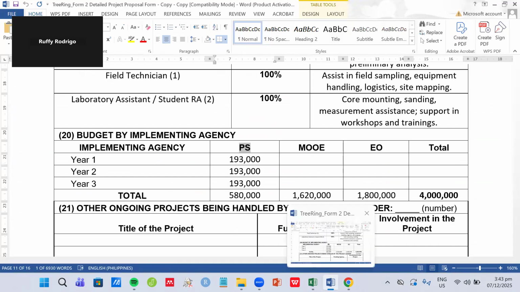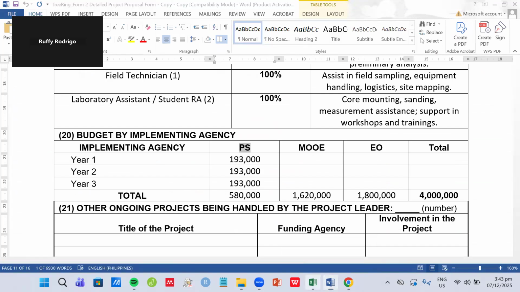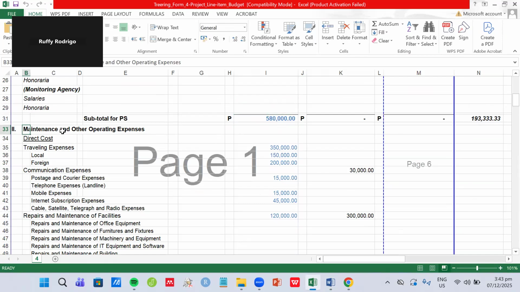Now there is the so-called MOOE. What is MOOE? It's maintenance and other operating expenses. So you have the traveling expenses, 250,000 local. That's why I mentioned earlier the local 150, the foreign 200,000, because I want to go to Germany. I want to spend 100,000 in Germany or Czech Republic.